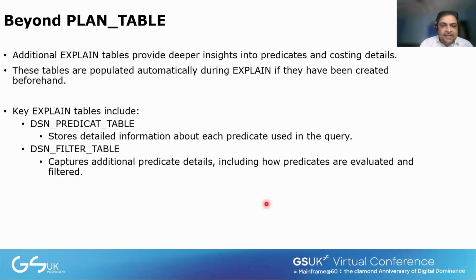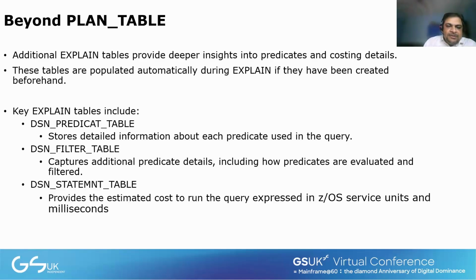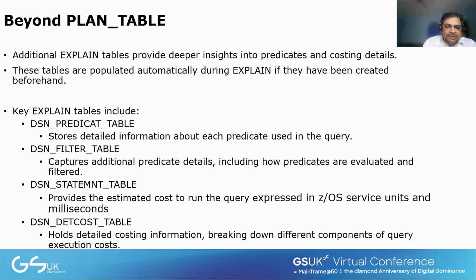That is a very influential input parameter when you assess your access path. The statement table provides the estimated cost to run the query, in service units or milliseconds, depending on configuration. The detailed cost table holds costing information in more detail, breaking down the different components of query execution cost. These are some key tables, but there are quite a few more.